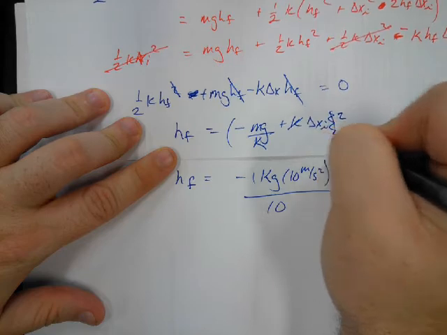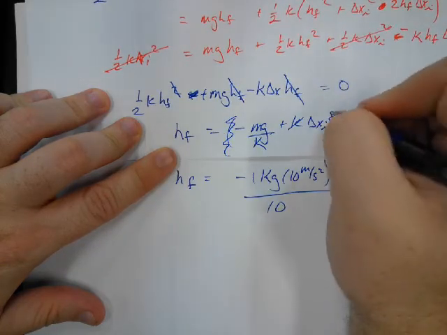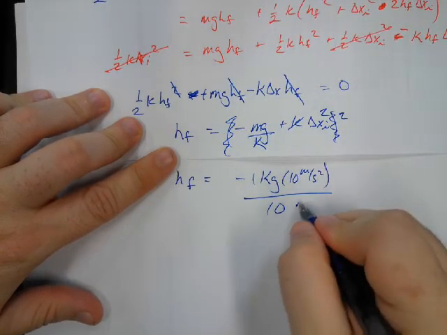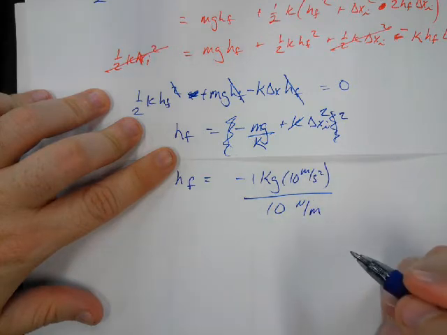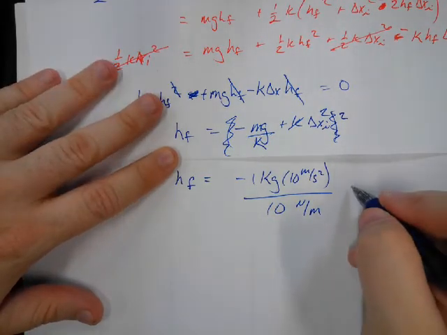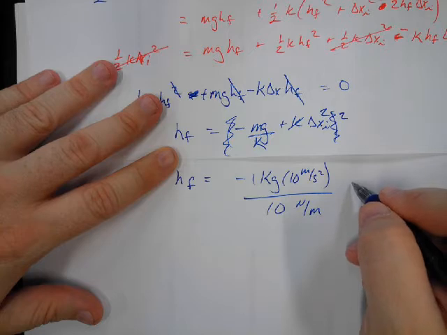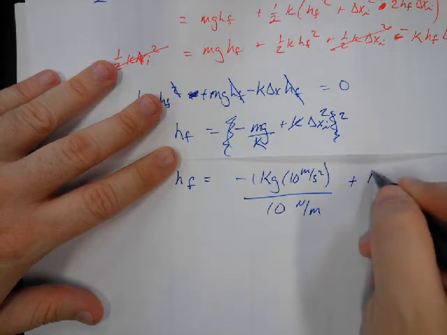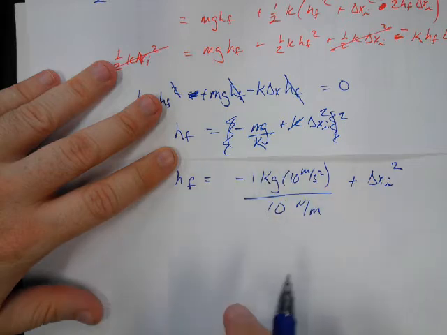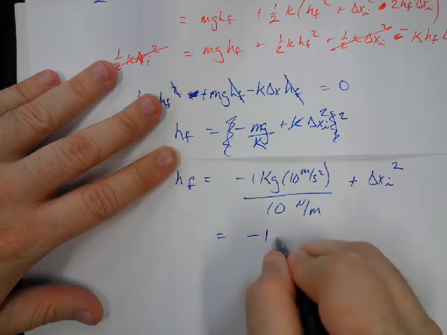There's no parentheses here. There we go. So that'll give us units of meter. And then we'll have plus delta x initial squared. So this whole thing is going to be minus 1 meter.